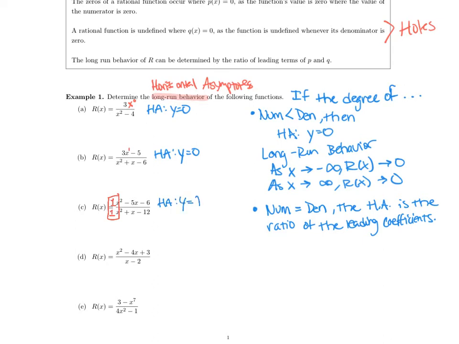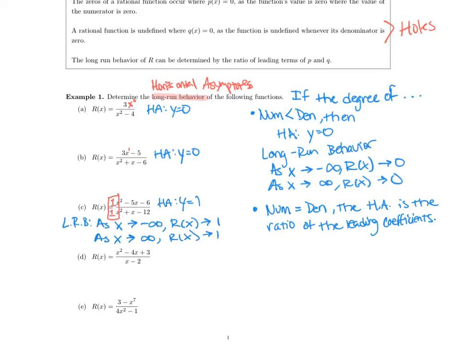So in this specific case, the long run behavior is that as x approaches negative infinity, r of x approaches 1, and as x approaches infinity, r of x approaches 1. So it's really whatever that horizontal asymptote is.